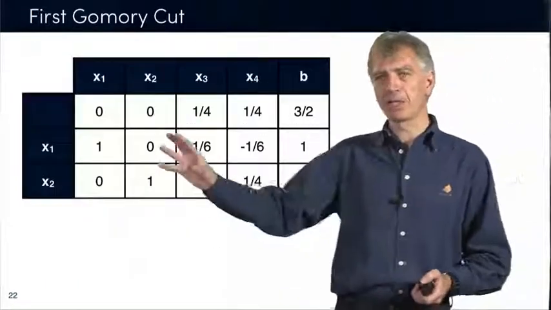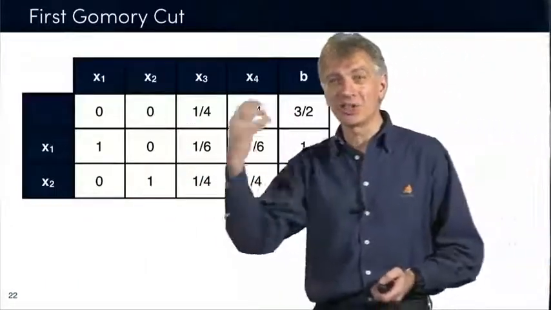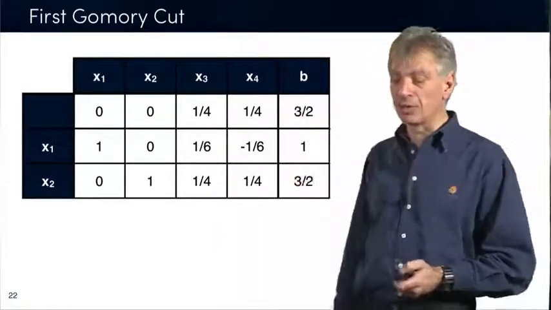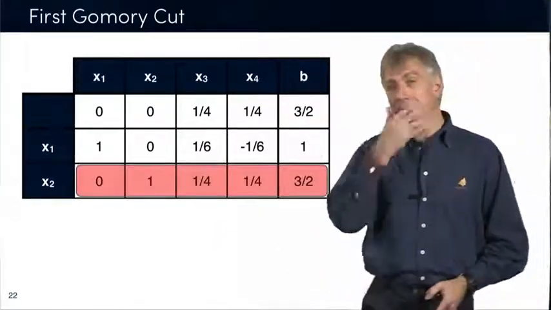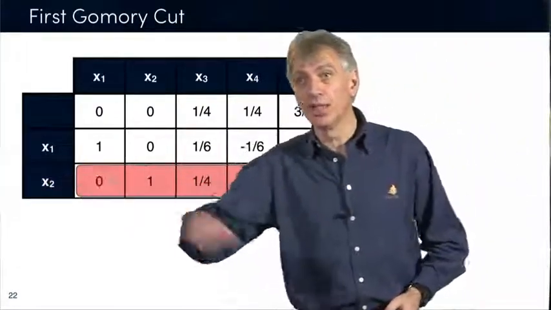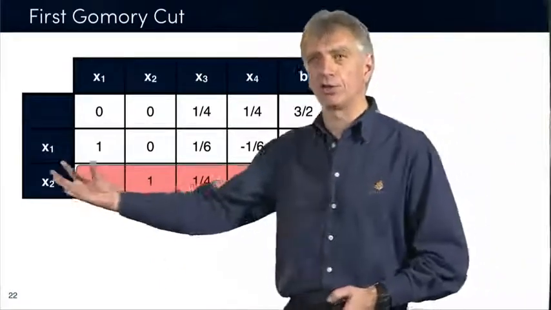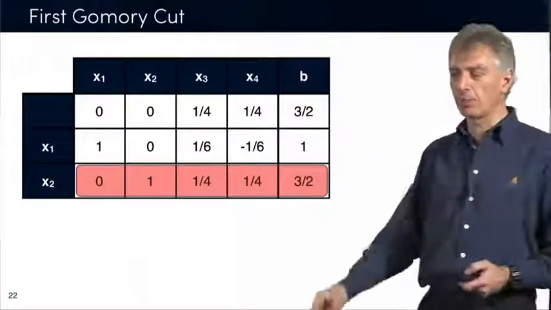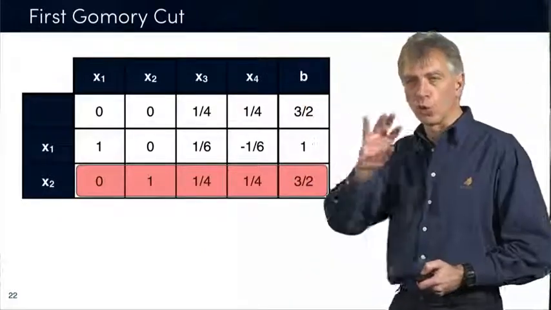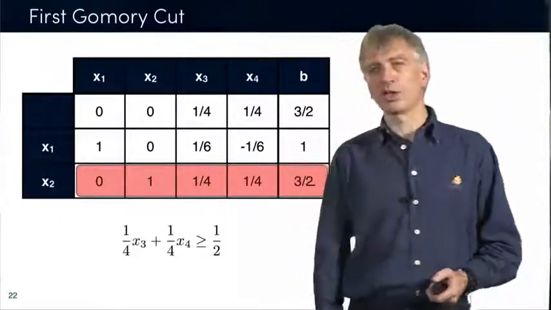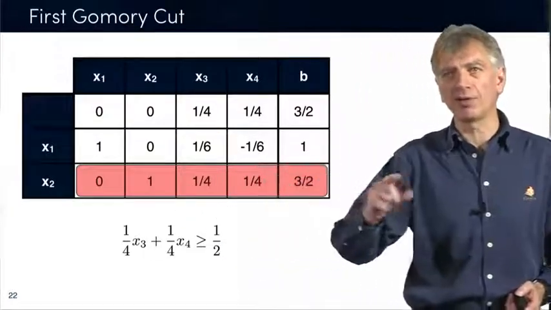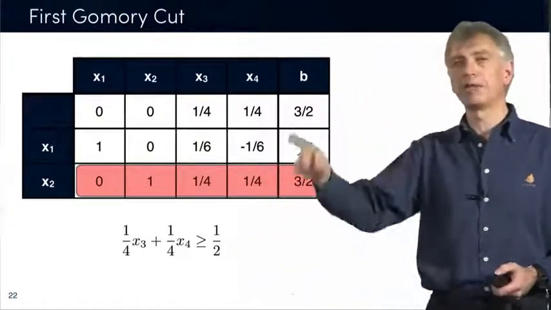We are happy. Then you look at this tableau, which is the tableau at the optimal value of the linear program. You see that the variable x2 is actually given a fractional value. That's not good. So what you're going to do is take a Gomory cut for that particular row of the tableau. The cut takes the fractional part of every one of the coefficients and multiplies that by the non-basic variables.